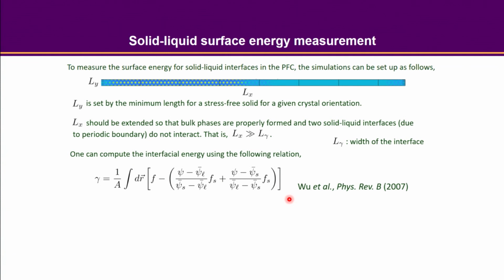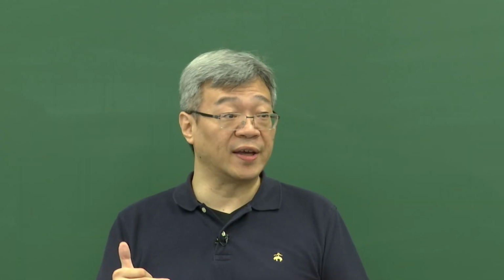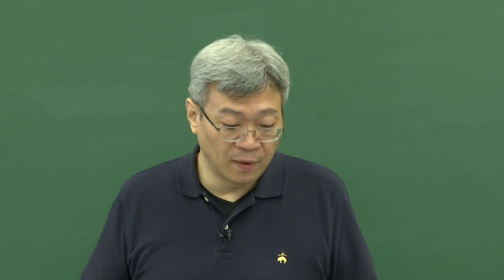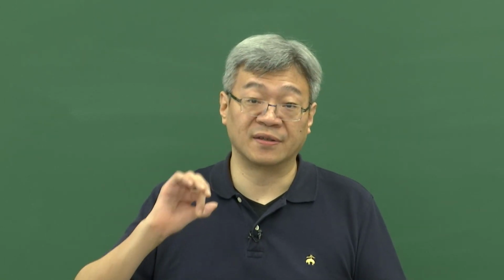But the way to measure the surface energy is quite straightforward, because the definition of the surface energy is the excess energy of the system compared to the one without the interface, right? So the equation we're writing here is actually doing that. The system without the interface is what?